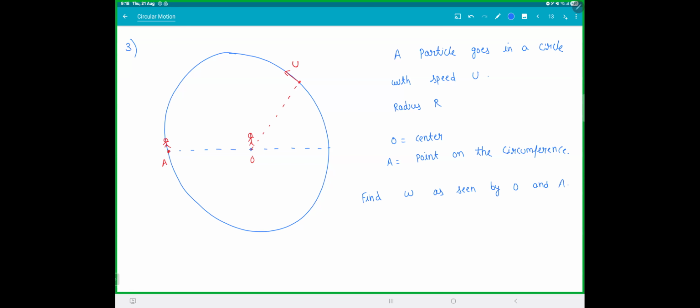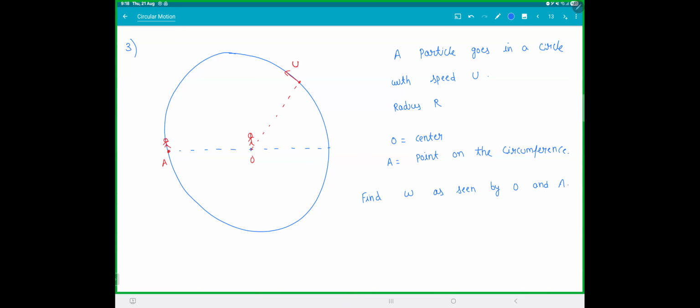Let's get this. Find the angular velocity of the particle as seen by O and A. So angular velocity will change depending on who is looking at it.